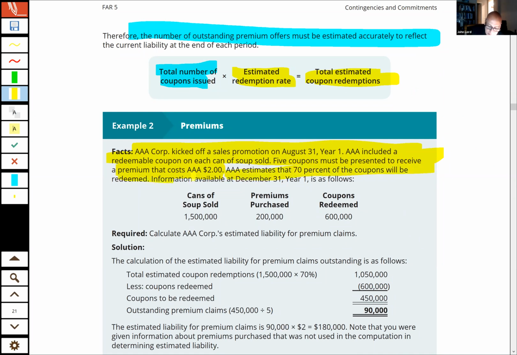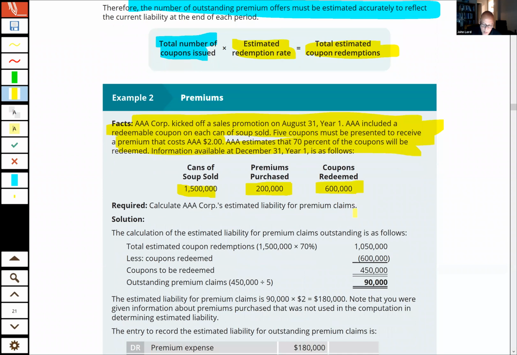They tell me that 70% of the coupons will be redeemed. So we have cans of soup, the number of premiums that have been purchased, and the amount of coupons that have already been redeemed.